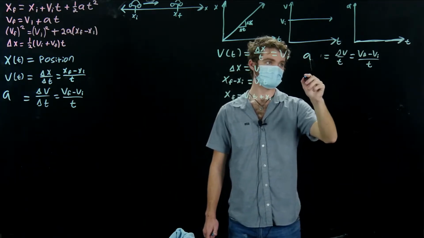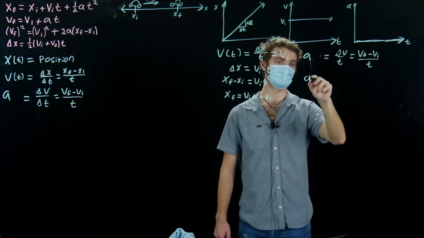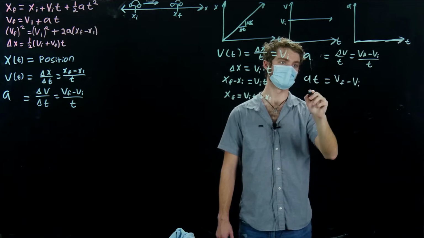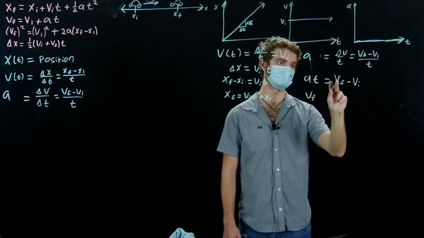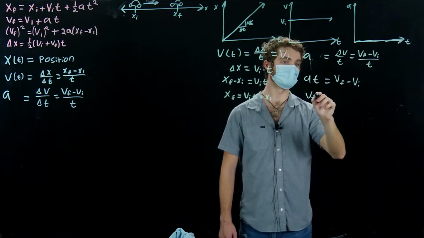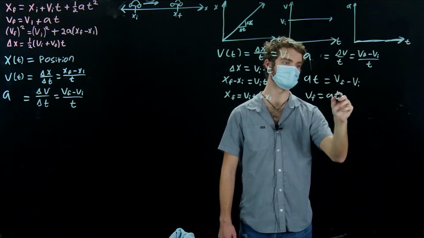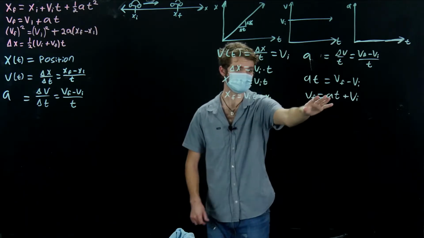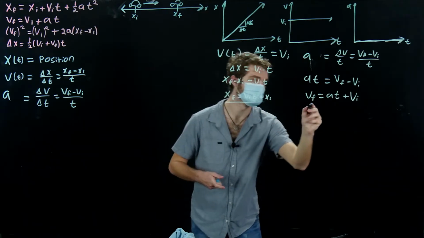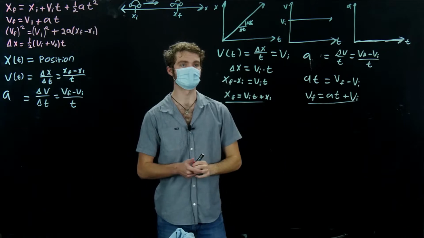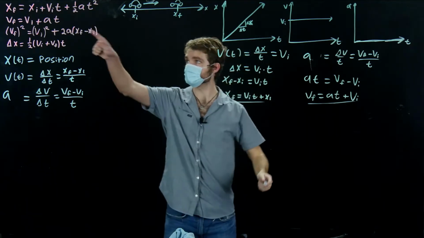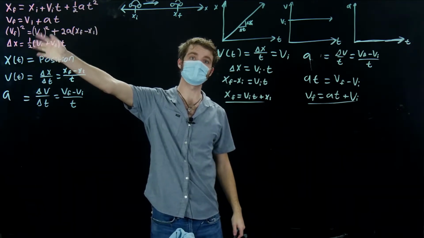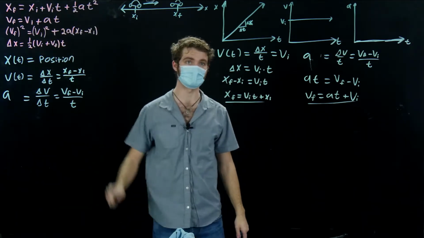Then we could multiply over the t, and we have a t equals v final minus v initial. And then switch things over to the other side. V final equals a t plus v initial. And if we look at this equation, that's our equation right there. Our final velocity is equal to our initial velocity plus our acceleration times time.